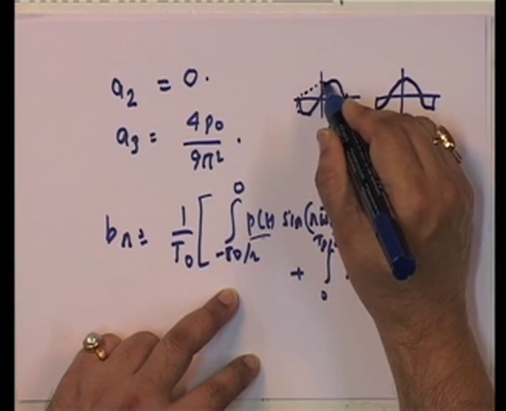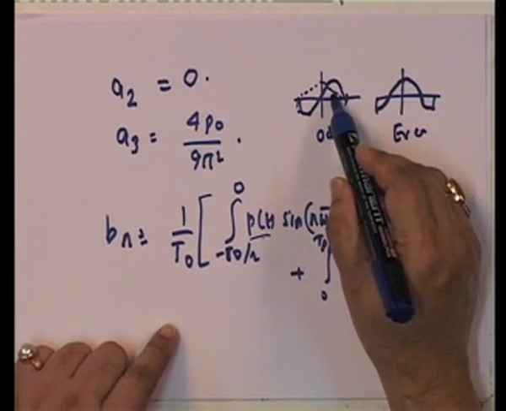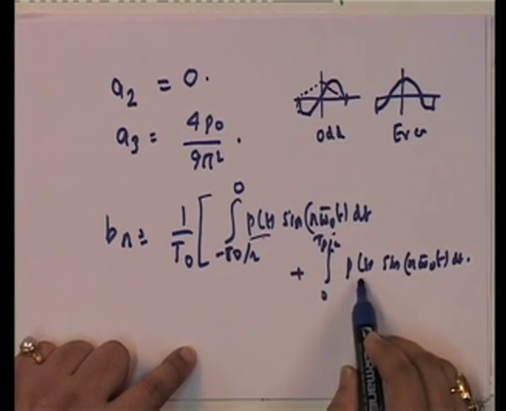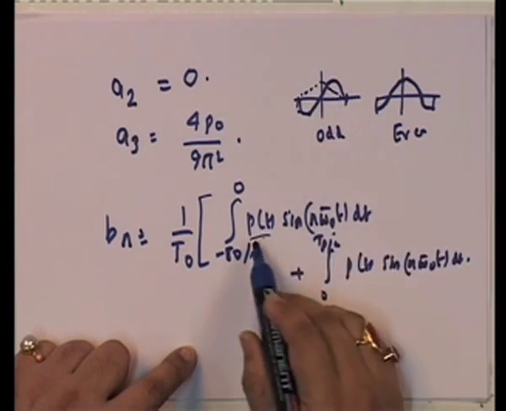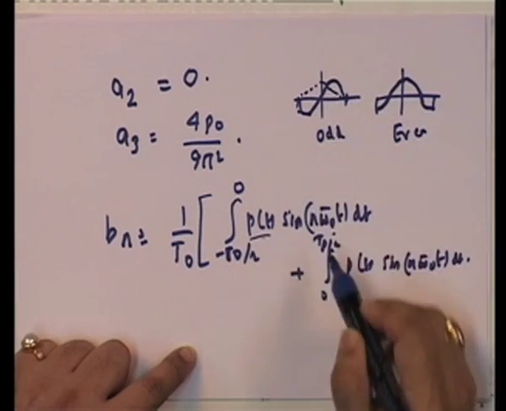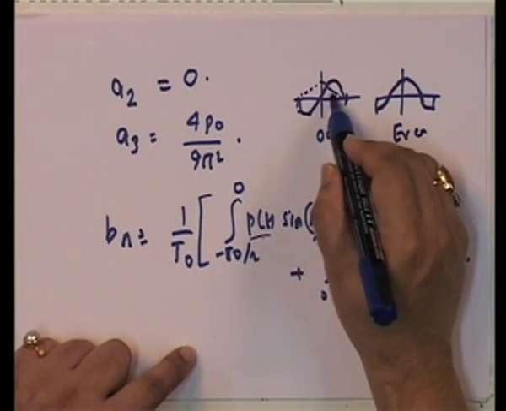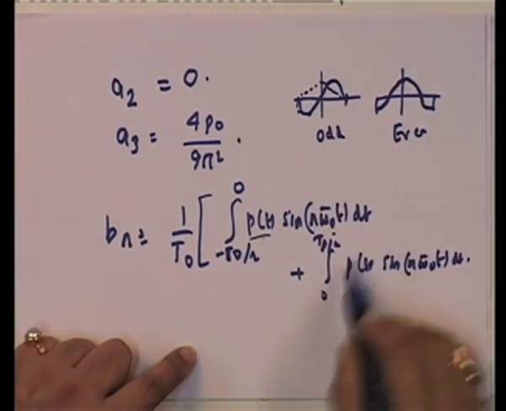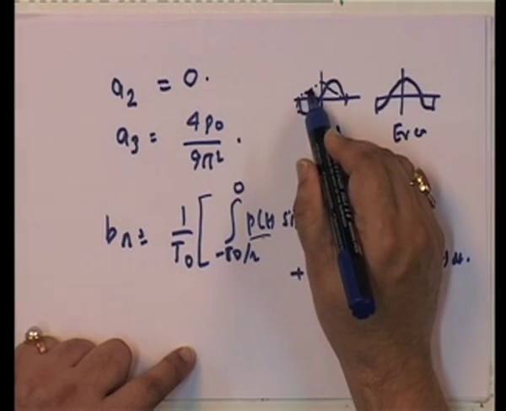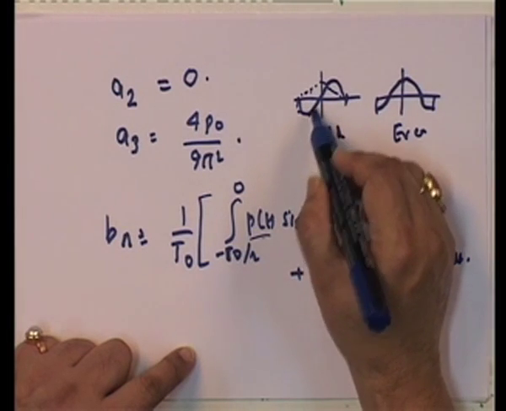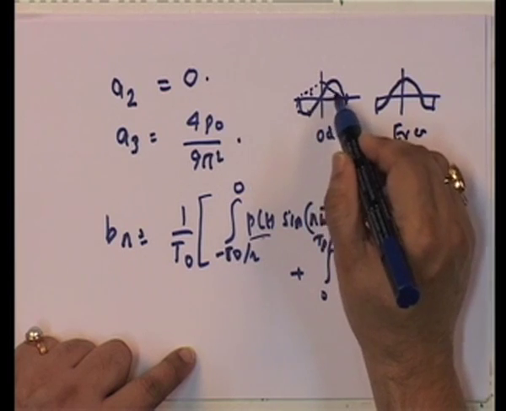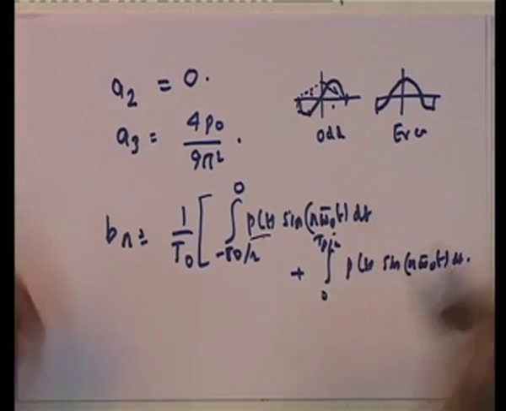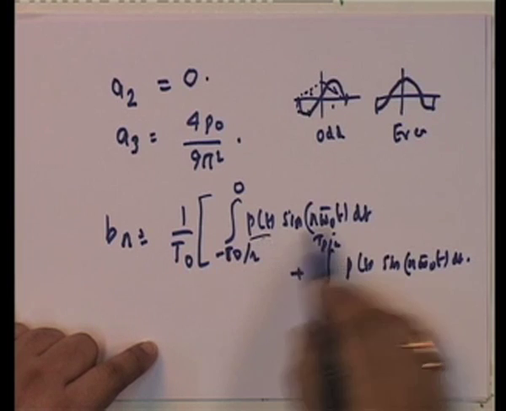This one is this way, this one is this way. So, this one from 0 to T naught by 2, if it is being multiplied, this is nothing but the product and its area under the curve. So, if you take this product and take the area under the curve, and you take this product and take the area under the curve, note that this one turns out to be negative of this one, obviously. So, when you do this, this is negative of this.